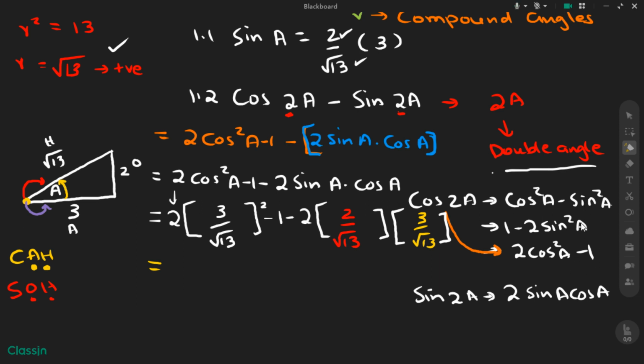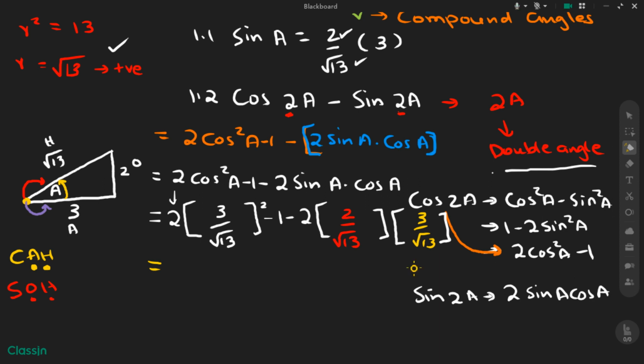So bracket here, 2 over root of 13, then close bracket. Another bracket which says 3 over root of 13. Then close bracket.